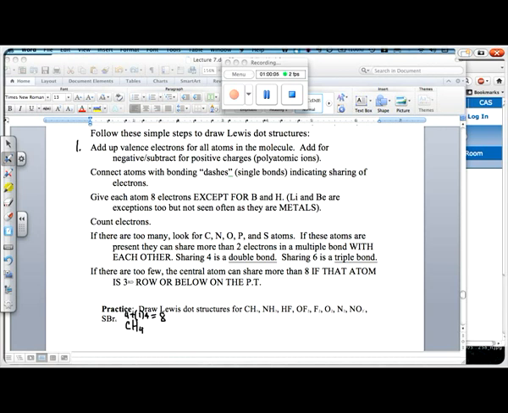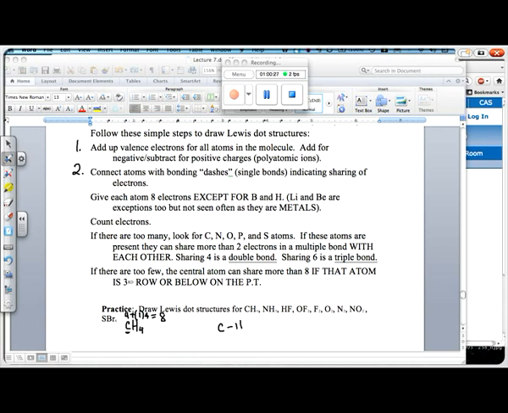It's not. All right, the element to the left, which is generally the one that you have the fewest of, is going to go in the middle. We are going to do very simple examples where one atom goes in the middle and it is surrounded by the others. Okay? Now, second step, connect atoms with bonding dashes.